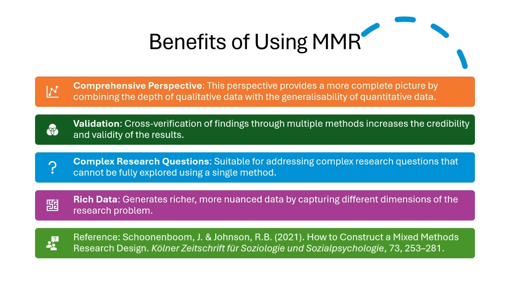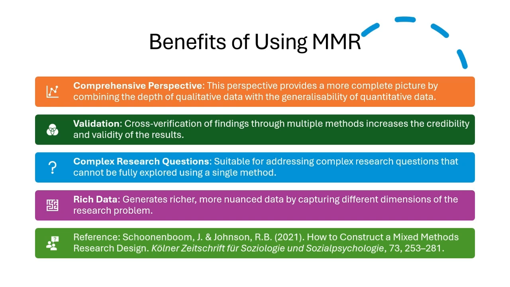And again, the research question, we can look at more complex research questions suitable for addressing complex problems that cannot be fully explored using a single method. Also, the richness of data. So mixed method research generates richer, more nuanced data by capturing different dimensions of the research problem.